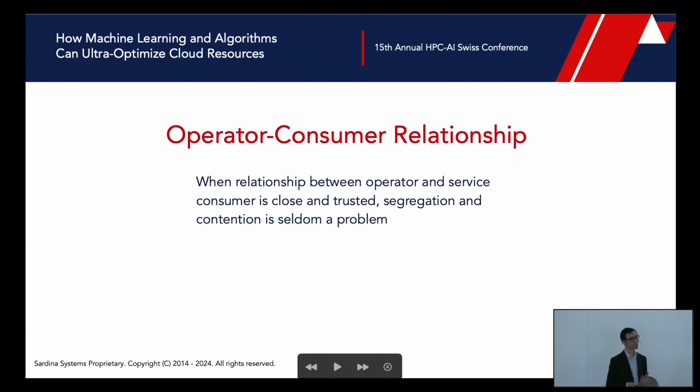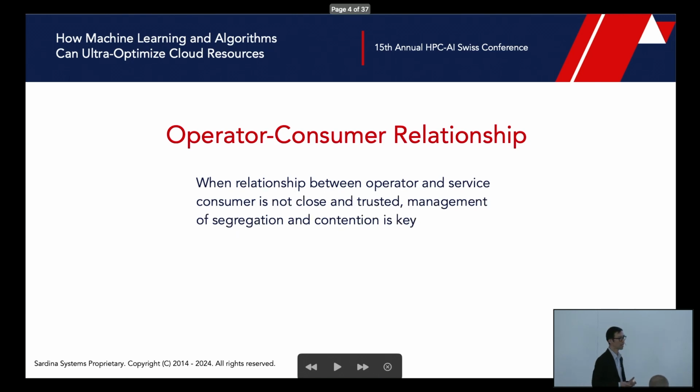In a tightly coupled situation, resource contention is less of a matter. If, on the other hand, you have a loosely coupled situation, then the trust level is a lot lower. But for the operator, this is both a problem and an opportunity. And we'll come to more of this in a moment.